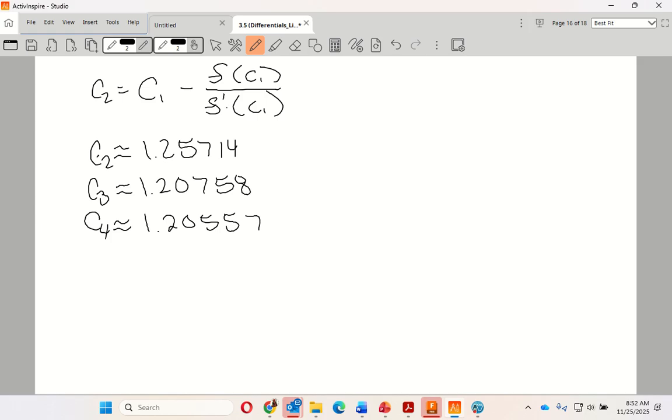Now, let's go back to my thing. So it's going to be an exact answer 1.20557, right? That's where my x is. If I round this one, am I going to get the same answer as I round this one? Yes.